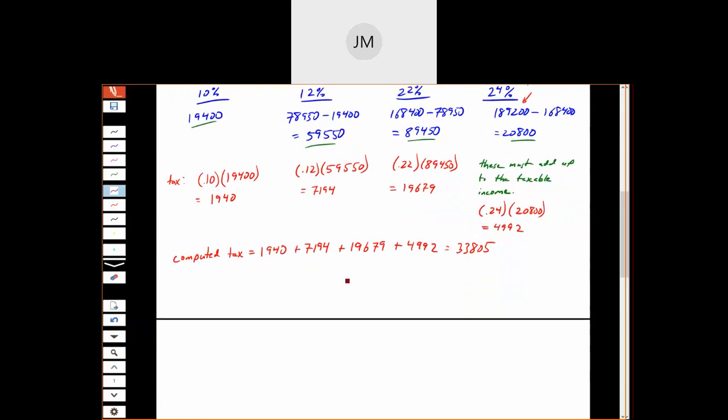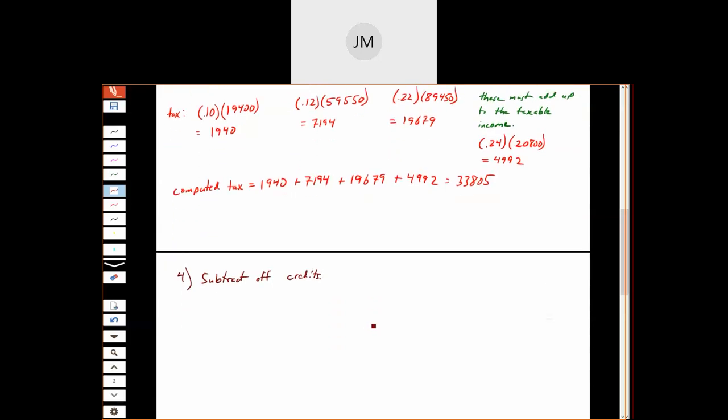Step 4 is to subtract off the credits. And there's like millions of credits out there. I haven't put it up yet, but when you see the homework on this, the credits are going to be included in the problem so that you're not fishing around with tax laws looking for credits.